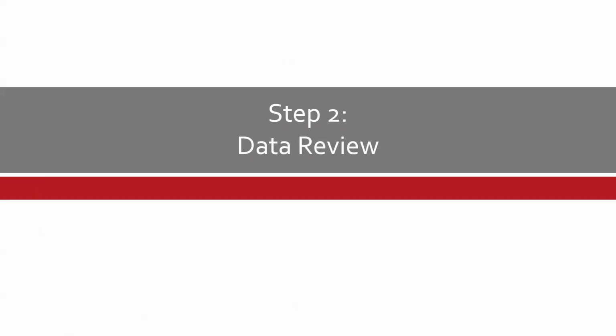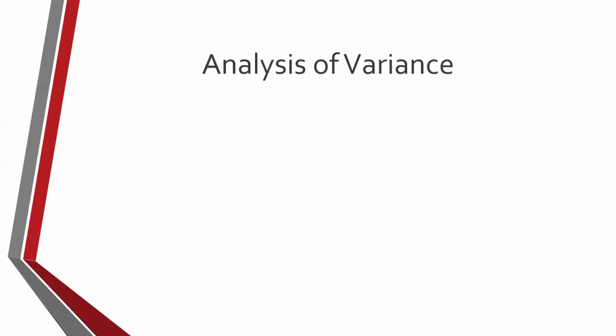All right, so moving on to the next step, which is really reviewing the data for analysis itself. To set the stage, let's first give a quick look at what we want to do in the end, which is the analysis of variance, or AOV.